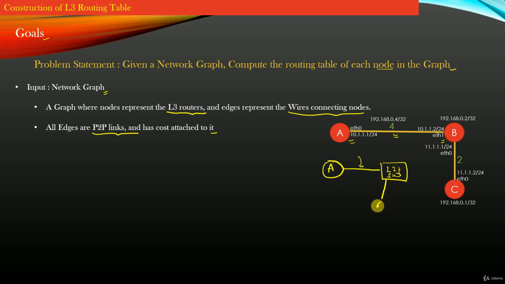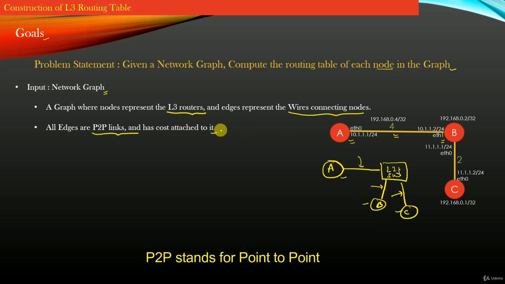This L2 switch can have more L3 devices connected to it, so it means that devices A, B and C could be in the same network, right? So all these links are not P2P links. So we have made an assumption that we are going to understand the algorithm by assuming that all the links in the topology are P2P links.